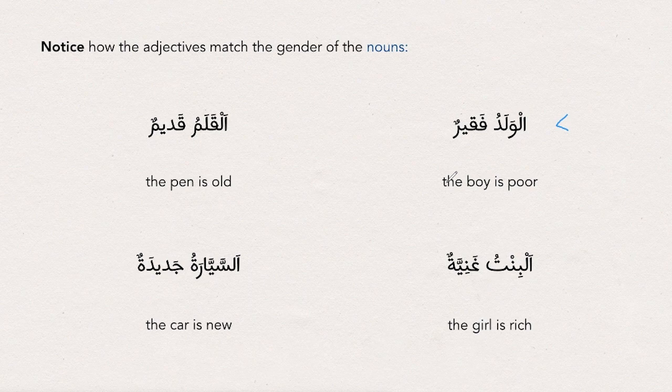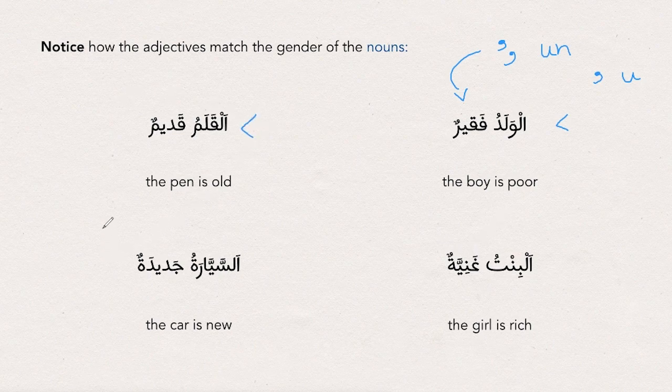By tanween we mean when we double the vowel to create the noon on the end. So this is not u, it's actually un. And if I had without the tanween, just one dhamma, it's just u. So notice on the indefinite examples, like faqirun, we use the tanween. And the definite examples like al-waladu, there's just one dhamma, no tanween. And that's how you get that sort of equation within the sentence, which we'll repeat many times because it's very, very useful.